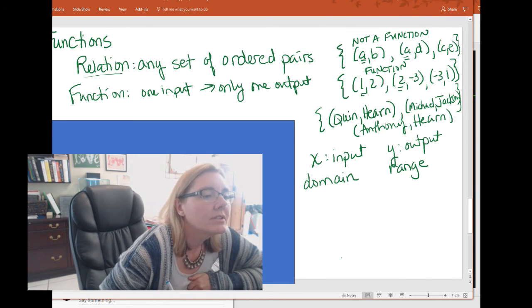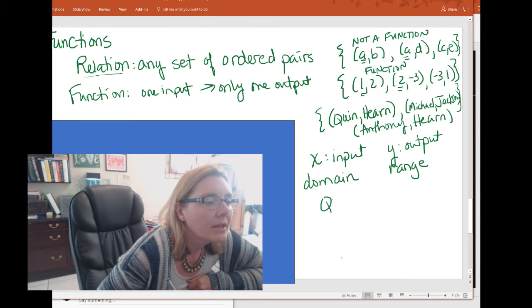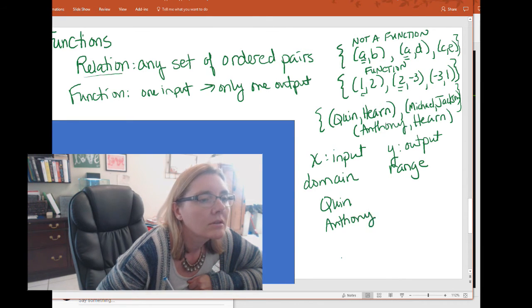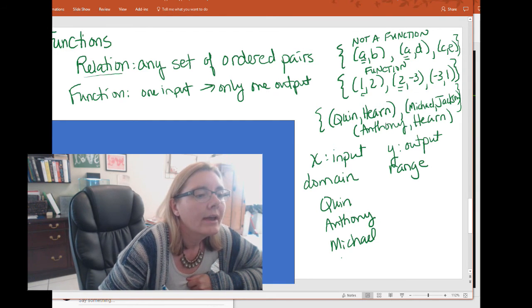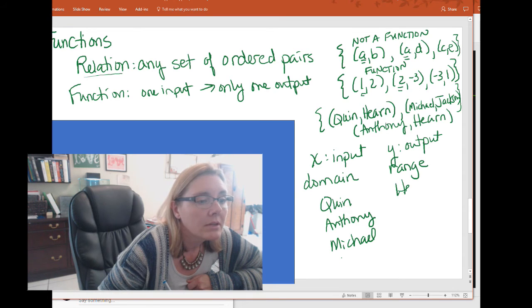Okay, so for the third set, the inputs, the domain, are Quinn, Anthony, and Michael. Okay, and the range, the output would be Hearn and Jackson.